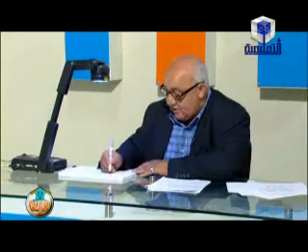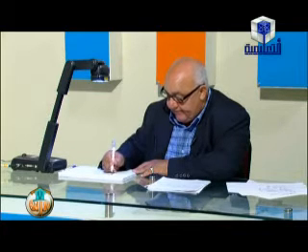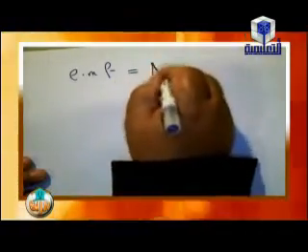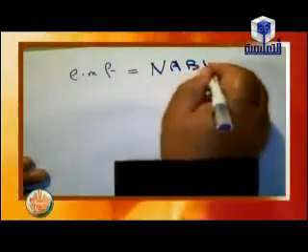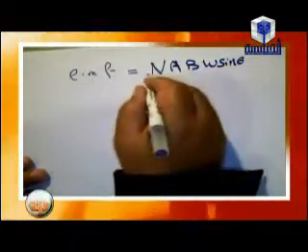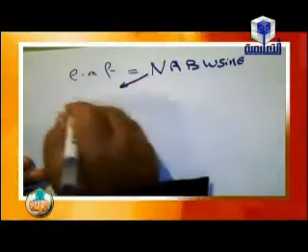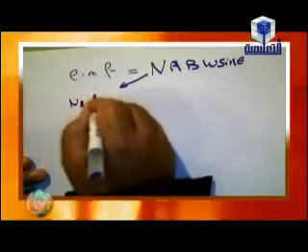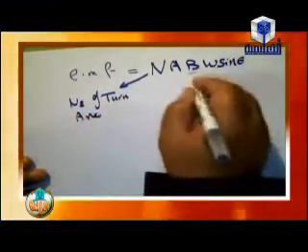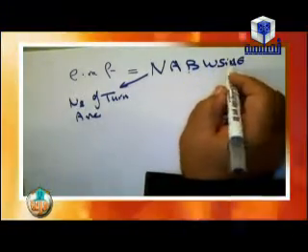The induced EMF produced in the coil of the dynamo. For the induced EMF in the coil in the dynamo, we can return to the rule of EMF. EMF equals N A B omega sine theta. So the induced EMF depends on, or the factors affecting it are, number of turns, area, magnetic flux density, and the angular velocity.